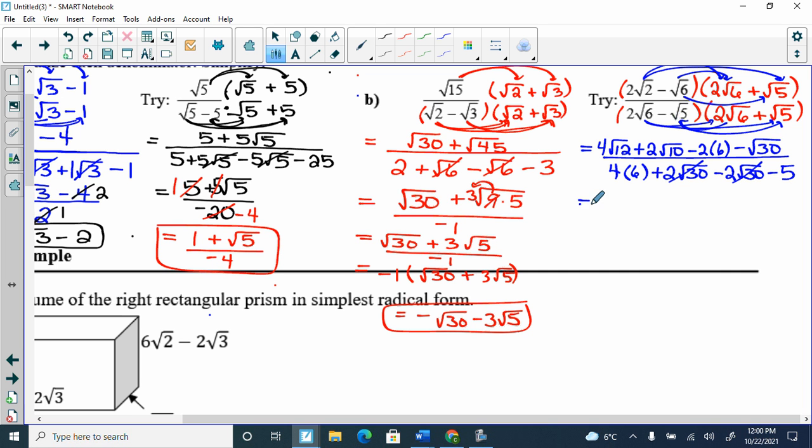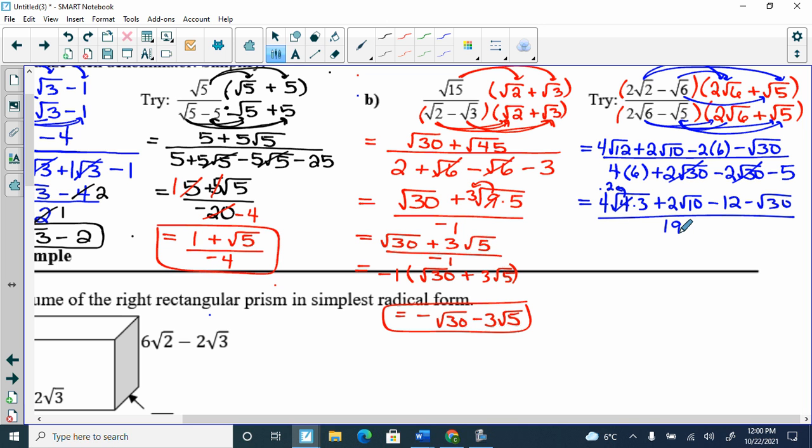So I'm going to get 4 root 4 times 3, and that 4 comes out and it's a 2, plus 2 root 10 minus 12 minus root 30 all over 24 minus 5, which is 19. None of these have like root 3, root 10, root 30.